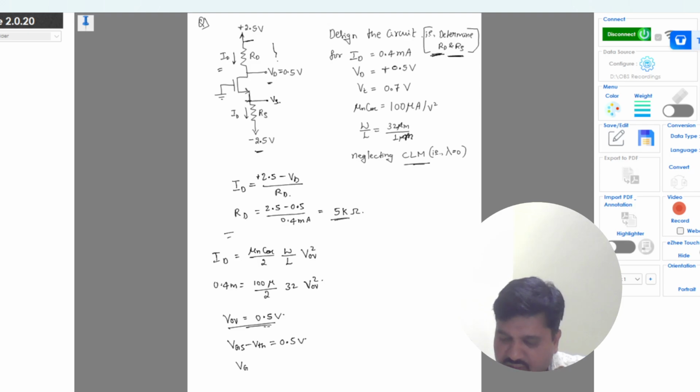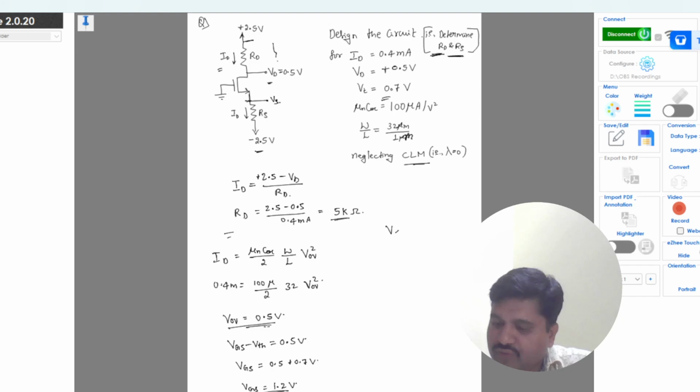You can find VGS, which is 0.5 plus VTH of 0.7, so VGS is 1.2 volts. Vg minus Vs is 1.2 volts. Since Vg is 0, Vs will be minus 1.2 volts.